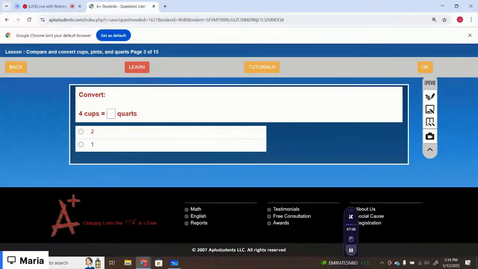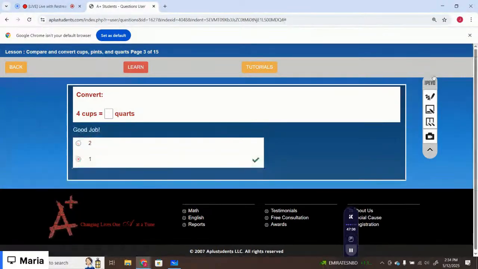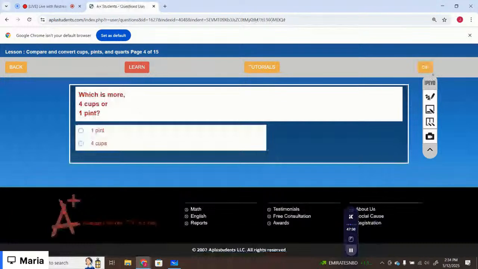Four cups equal how many quarts? Four cups equal one quart. Option number two is the correct option. Which is more, four cups or one pint?